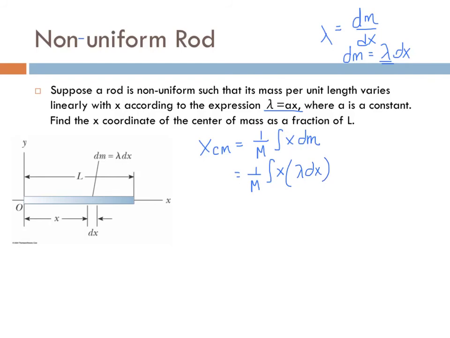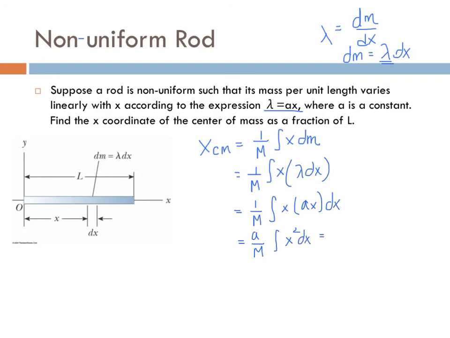And then again, my lambda is not a constant in this case, so we can replace lambda with our a times x. And here, a is a constant. So we get a over m times the integral of x squared dx.